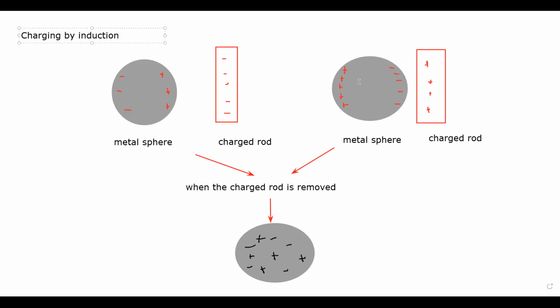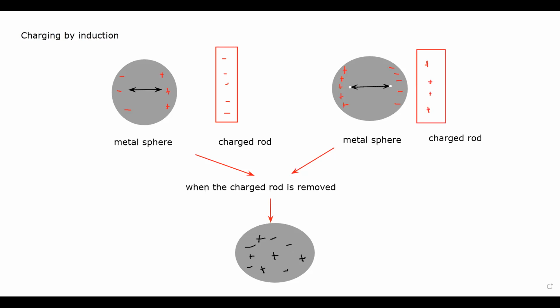But when you show a distribution, you should show a uniform distribution, with an equal number of positive and negative charges on the metal sphere when you bring the charged rod. But when I remove the charged rod, again the charges will be random. So charge is distributed, but this is not permanent charging. It does not have a permanent positive or negative.